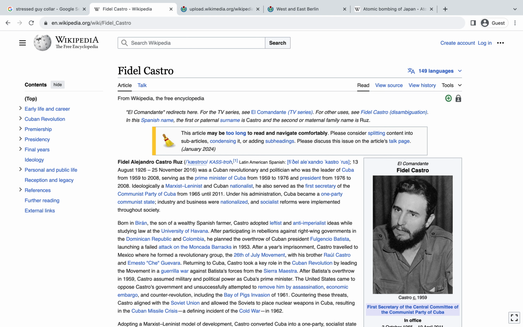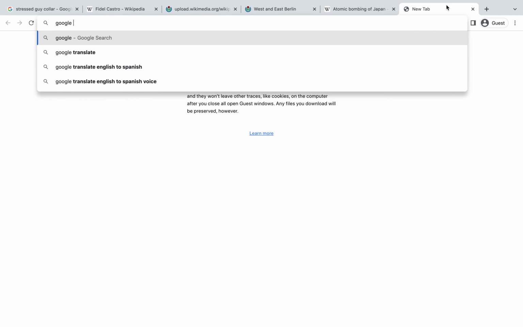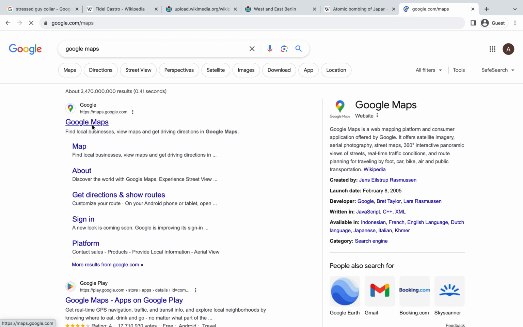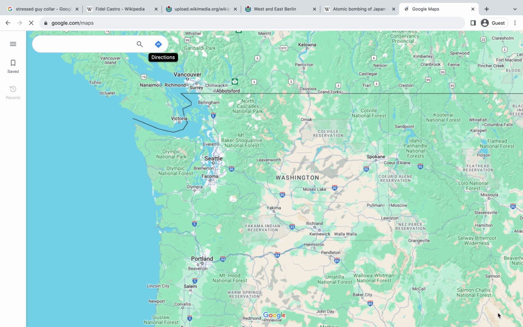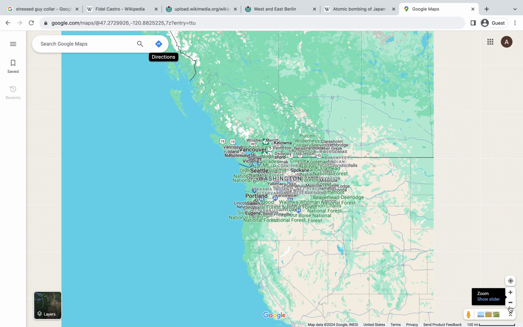Socialist and communist are the same thing when we're talking about things like this. And just to give you an idea, if you're not really fully into geography, Castro is from Cuba.